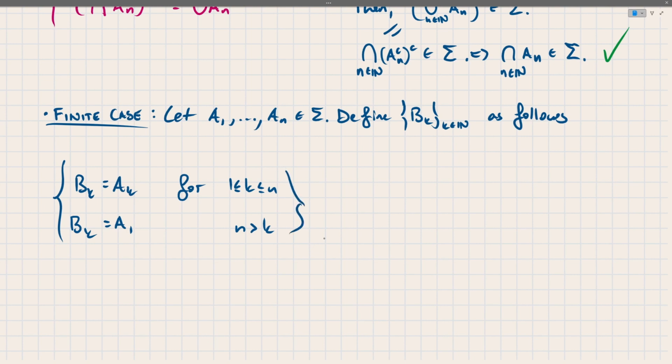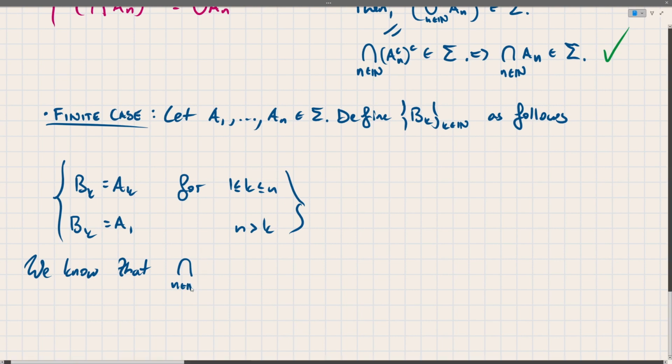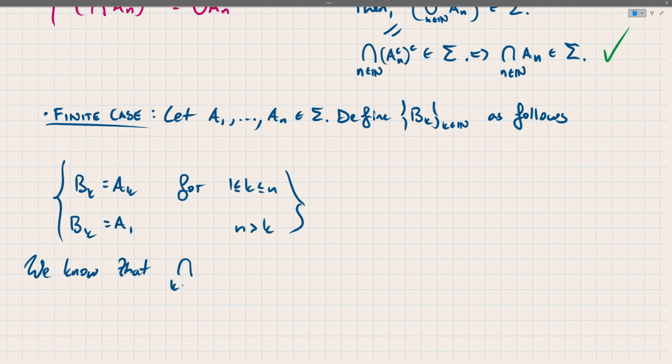So we know from what we literally just proved that the intersection over the naturals of B_k is an element of the sigma algebra, because we just proved closure under countable intersections. Now, all we're going to do is write that out.